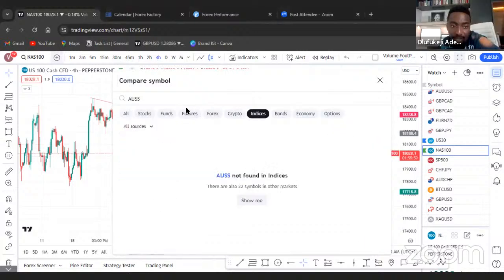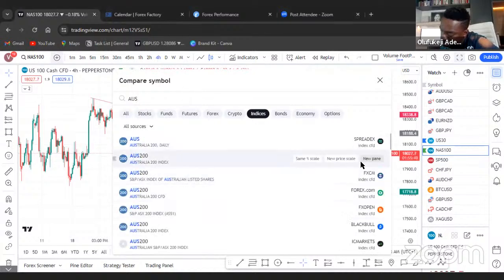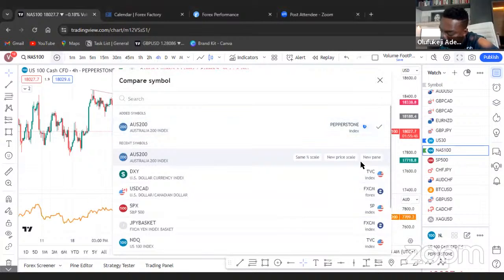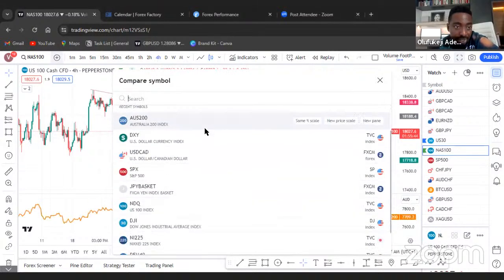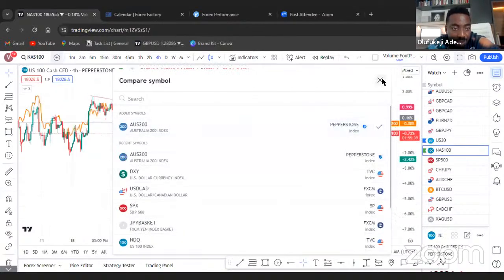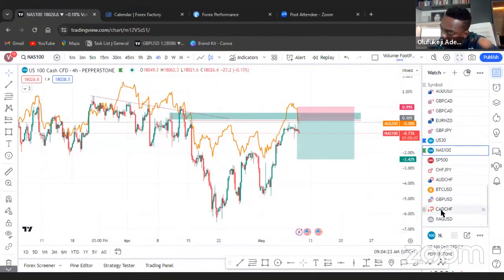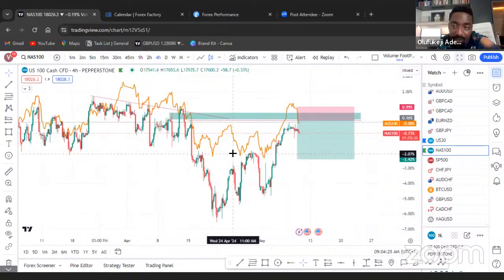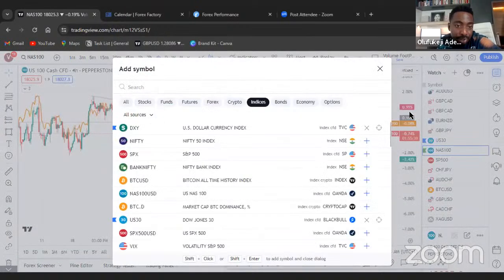AUS 200. That's it there, the Australian index. For the Australian stock market, we have AUS 200, just as NAS 100 covers tech companies in the US.